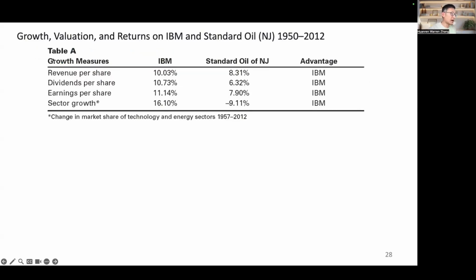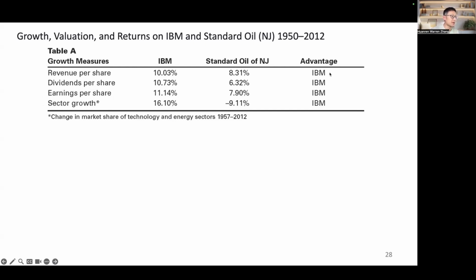So here we have growth, valuation, and returns for IBM and Standard Oil of New Jersey from the year 1950 to 2012. First, IBM. Here are the growth measures like revenue per share, dividends per share, earnings per share, and sector growth. Here we see that in terms of revenue per share, dividends per share, and earnings per share, IBM outperforms Standard Oil of New Jersey.